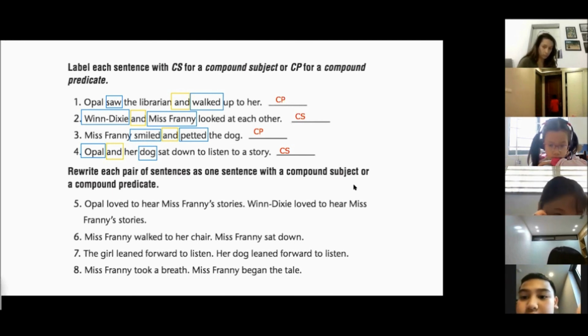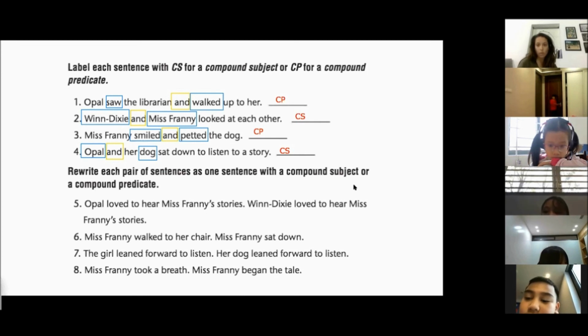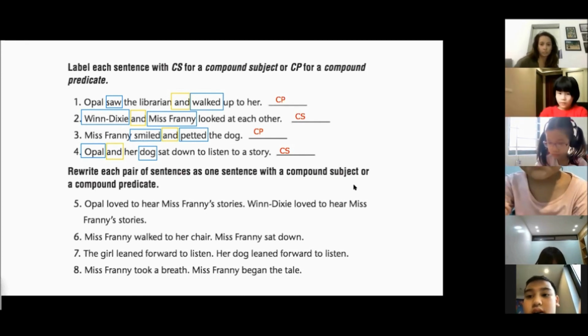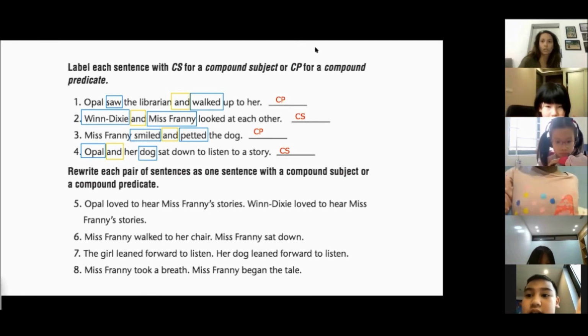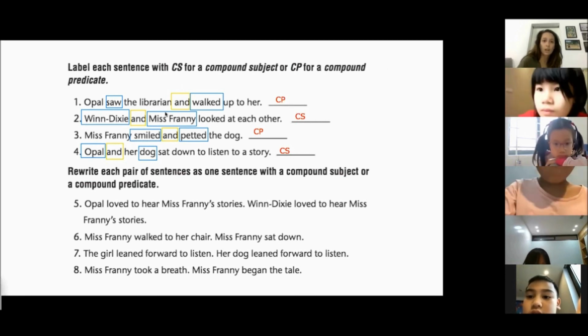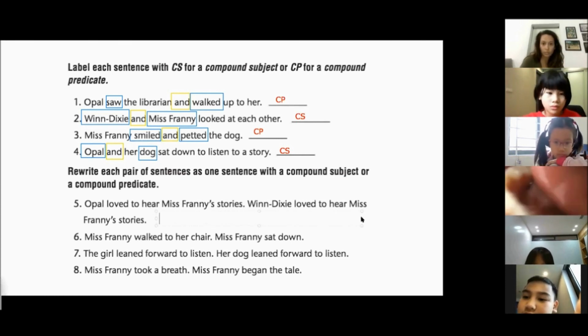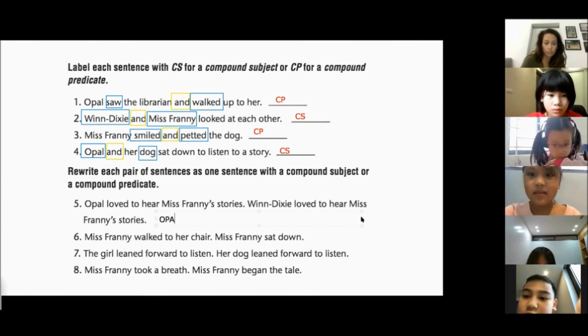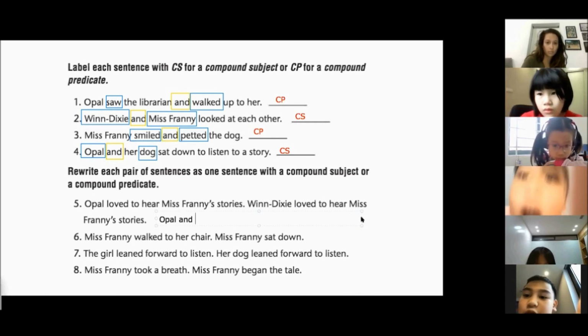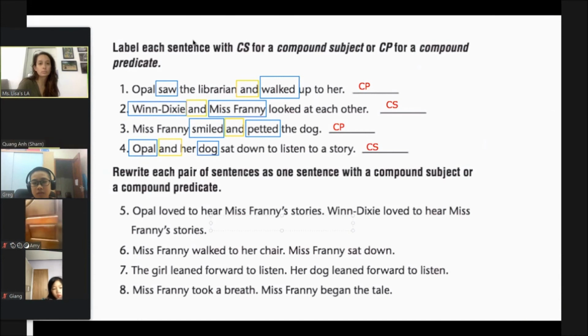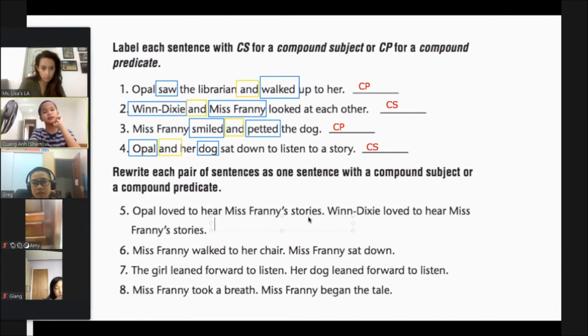They both love to hear Miss Franny's stories. Okay, so are we going to have a compound subject or a compound predicate? Compound subject. Good job. Can you read the new sentence with a compound subject? Opal and Winn-Dixie loved to hear Miss Franny's stories.